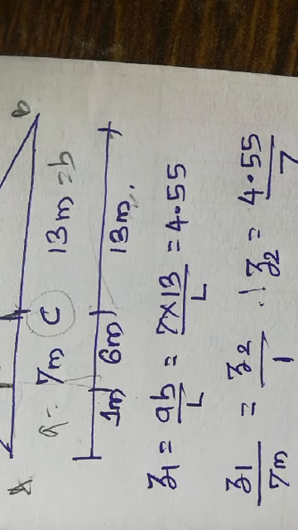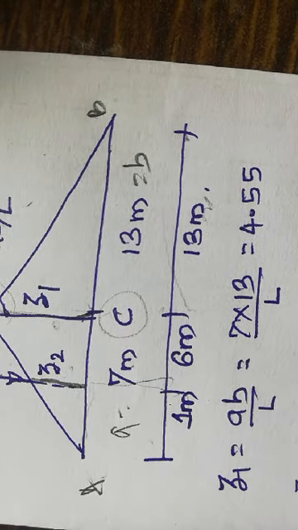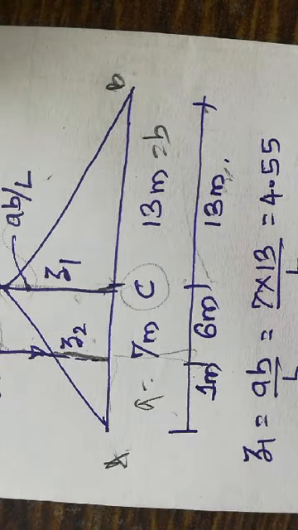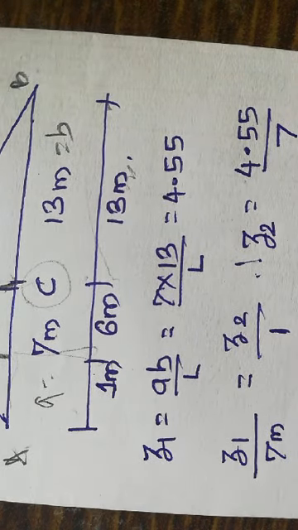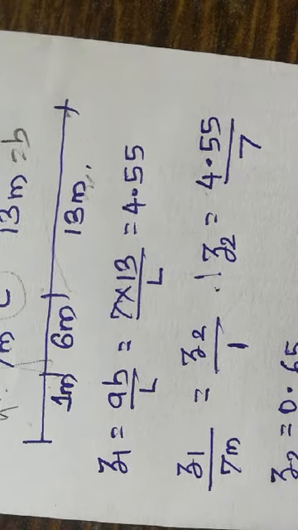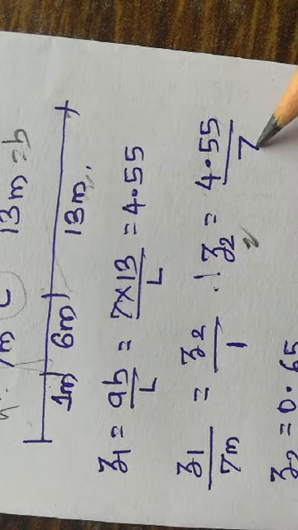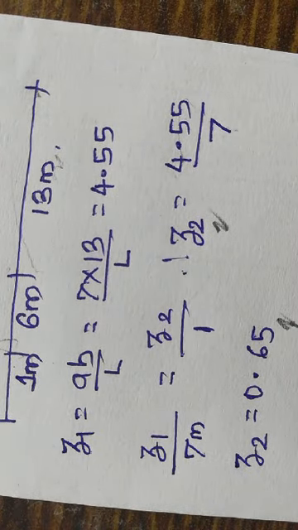Next, to calculate Z2, consider the bigger triangle and the smaller triangle. The height divided by base of the bigger triangle equals the height divided by base of the smaller triangle. By similar triangles, Z2 is 4.55 divided by 7, and the value is 0.65.